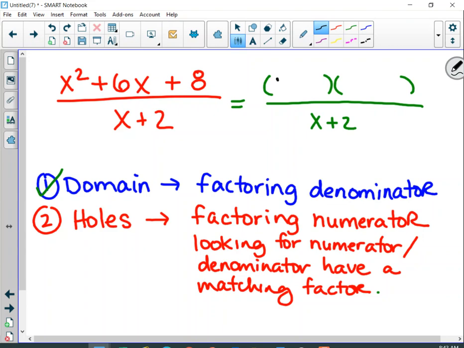And if I factor, factors of 8 that add up to 6, 4 and 2. When this is just a 1, they can go directly in the parentheses.